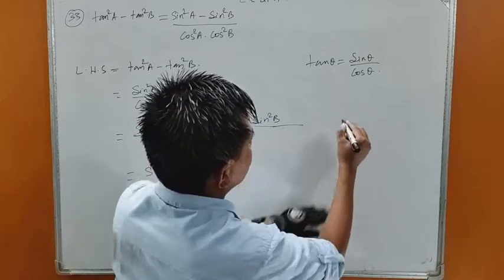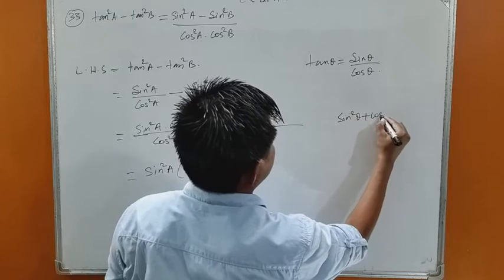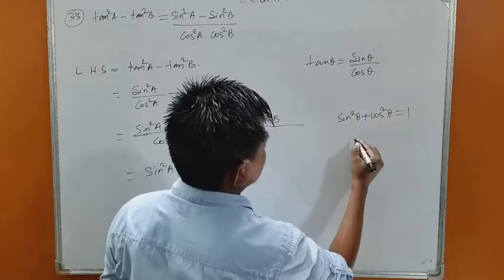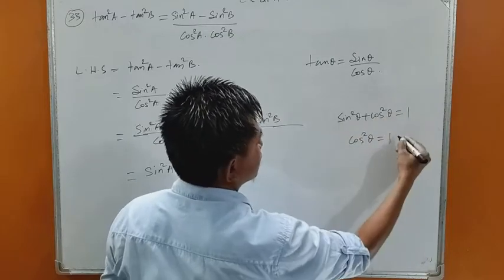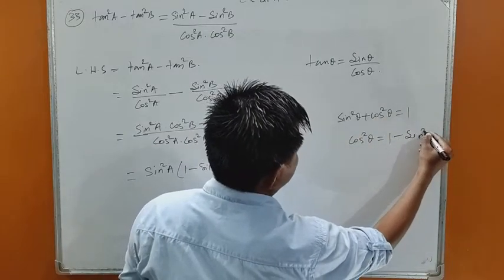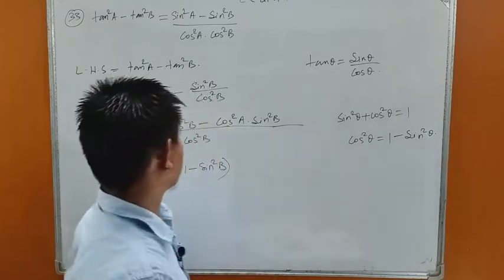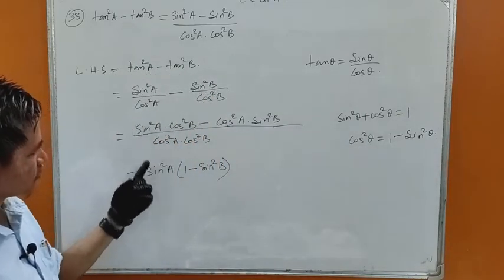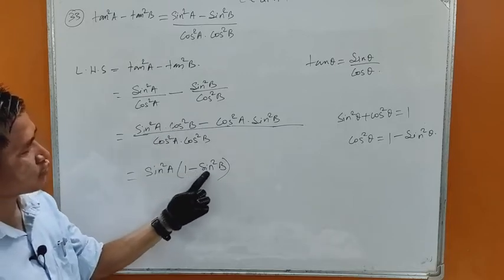Sin square theta plus cos square theta equals 1. So cos square theta equals 1 minus sin square theta, since sin square theta goes to the right hand side and becomes minus. So instead of cos square theta, I can write 1 minus sin square theta. So this sin square a stays, and this cos square b is 1 minus sin square b, okay?